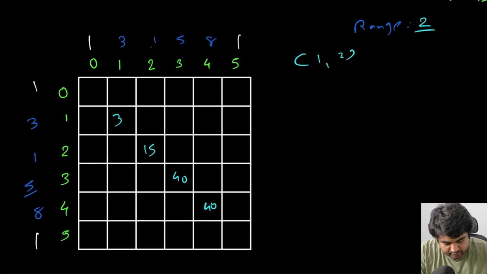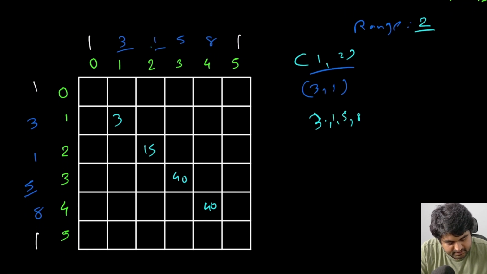In the range 1 to 2, we are talking about basically these two values, 3 and 1, amongst the grand scheme of the total four values 3, 1, 5 and 8. Now notice that we have two choices. The first choice is that 3 would be the balloon that we pop last, or 1 would be the balloon that we pop last.